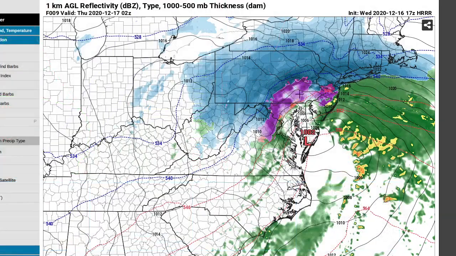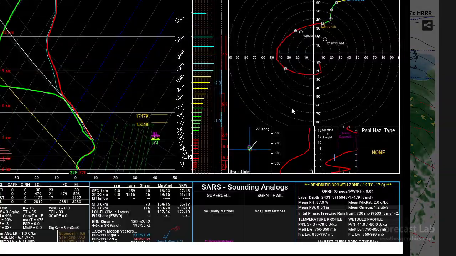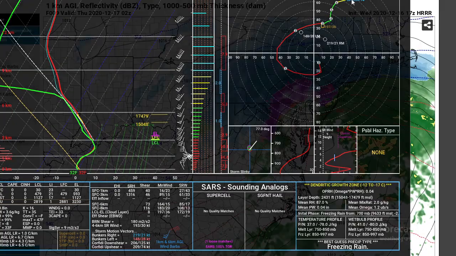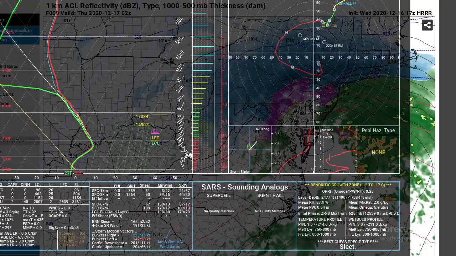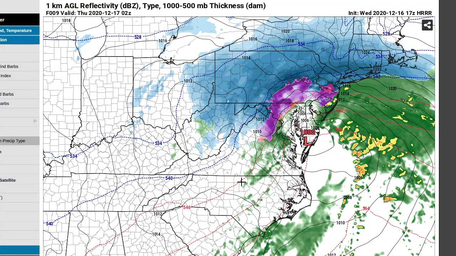And I'm just not finding profiles here that are supportive of freezing rain. When we get back into those purples, now we've got a column that's too deep for freezing rain, and that's more supportive of ice pellets and snow. So I think the main hazards here are going to be ice pellets and heavy snow.